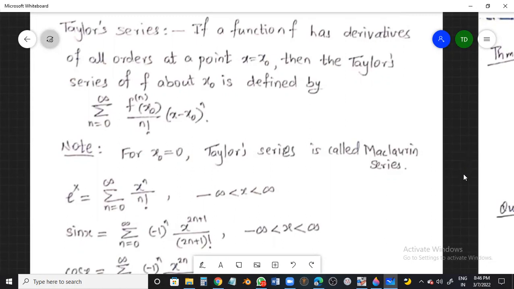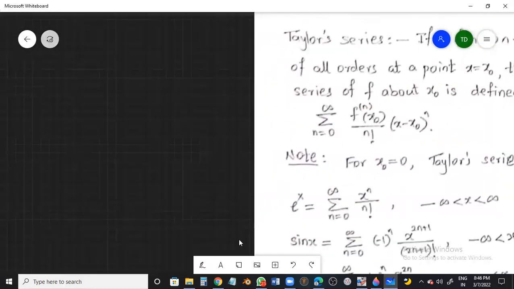In first year, you have seen the Taylor series expansion of e raised to x is summation n equal to 0 to infinity x raised to n upon n factorial. Today also in class I told you what e raised to x is.